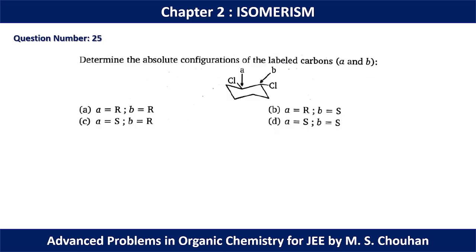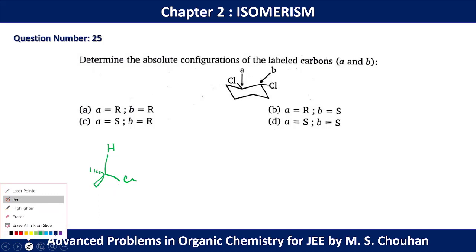In question number 25, determine the absolute configuration for the labeled carbons A and B. Okay, so if we take the B carbon first, and if we apply the simple approach, we can draw a chiral center like this, and by applying the CIP rule, we can have 4 different priorities here.